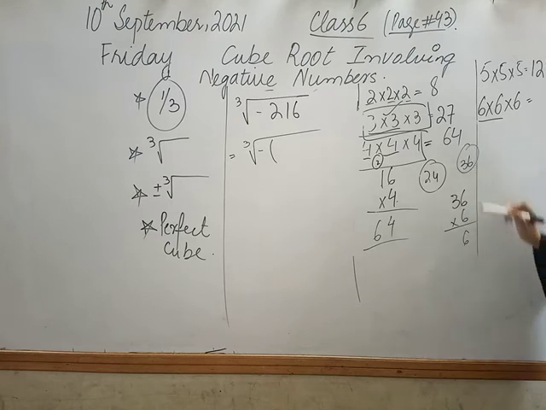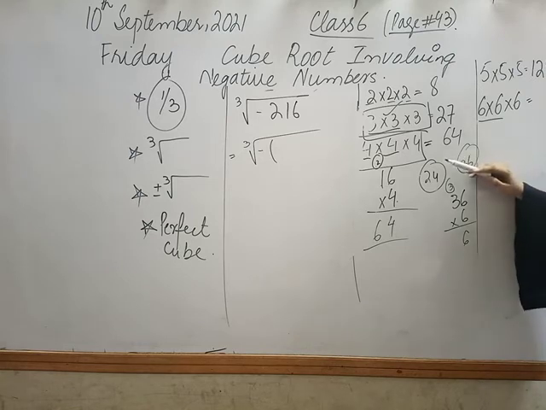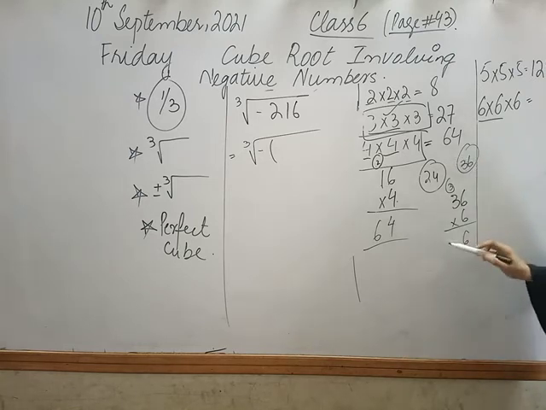I will write 6 here and 3 as a carry. In the next step class, I will simply multiply 6 into 3, which is 18, and we will simply add 18 into 3. We have 21.